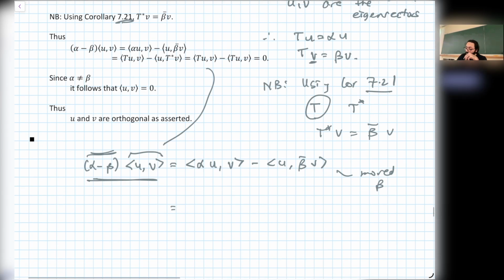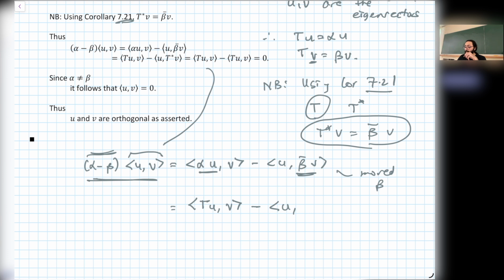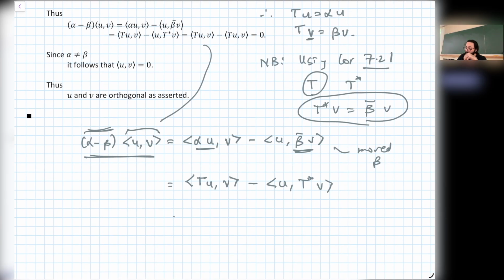Now alpha u we can write as Tu, inner product with v. And the second expression we can write as what? This is the part that we just observed here. Beta bar v can be written as T star acting on v. Correct? The adjoint. Okay, this is good. And so we're getting close.